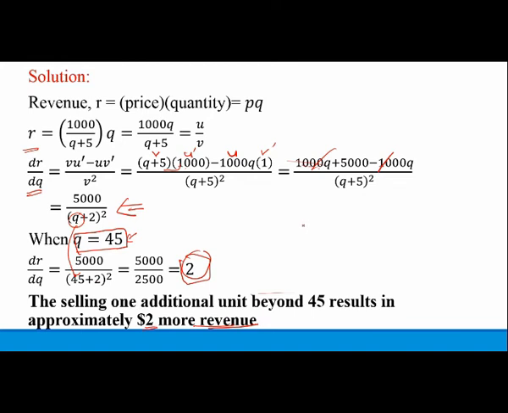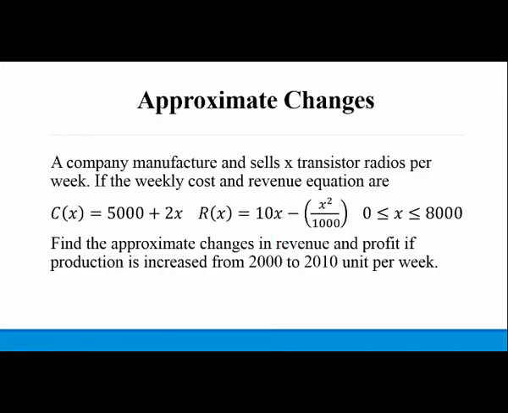First get the formula of revenue, which is price times quantity, differentiate, and then put the value 45, and you get the value at that time. That is called the marginal. But approximate is different.